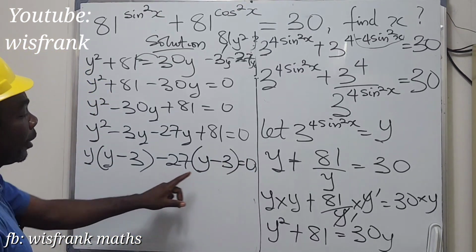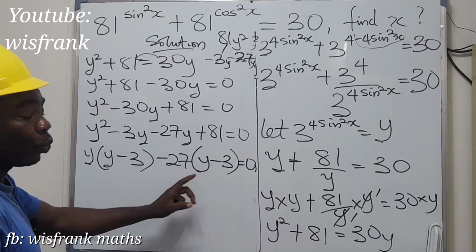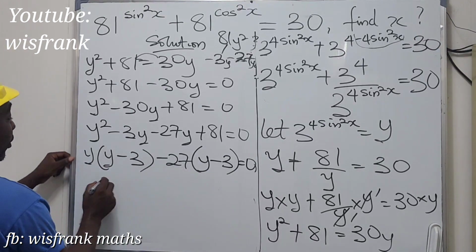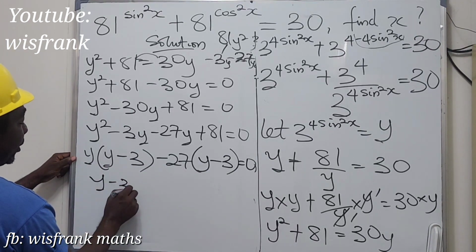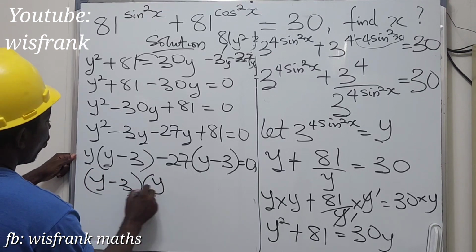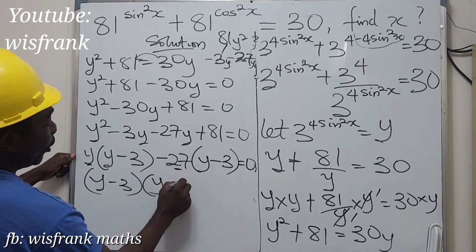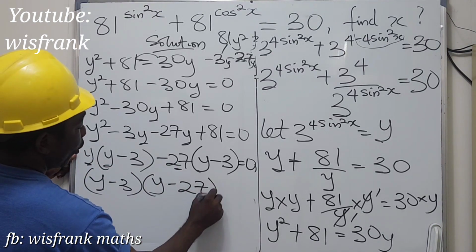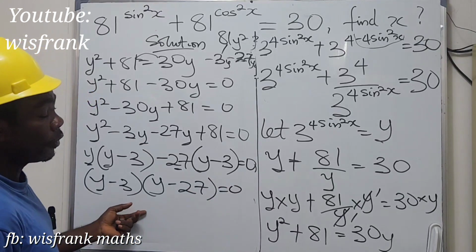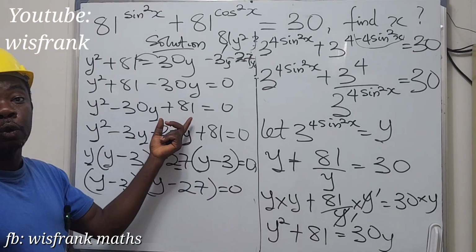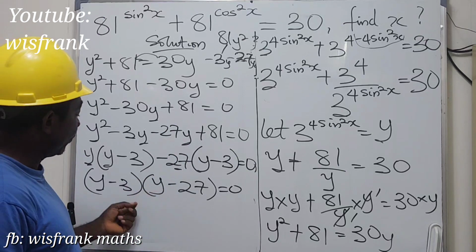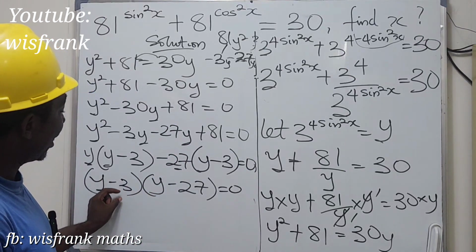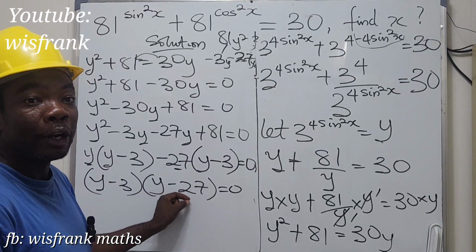In this case, we have two parentheses that are equal. We take one of them and the outside one, where we have y minus 3, then y minus 27, which gives us the roots of this equation. So now we have y minus 3 and y minus 27.